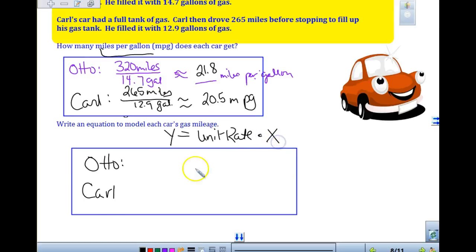Y equals unit rate times x. For Otto's equation, okay. And Carl's would be, who's getting more miles per gallon? Otto, right? Definitely almost 1.3 miles more per gallon if we are looking at that.